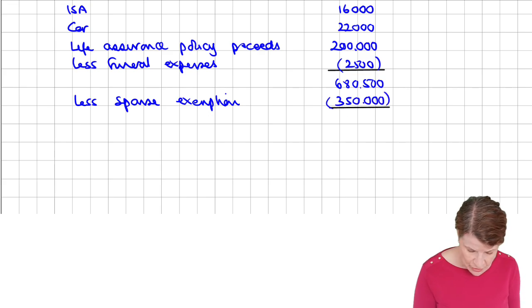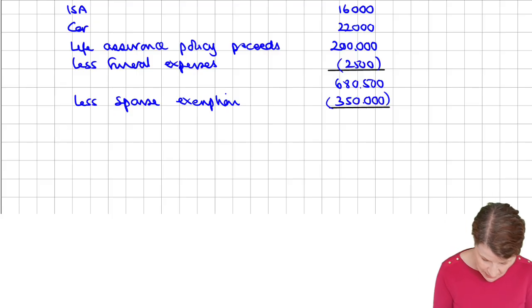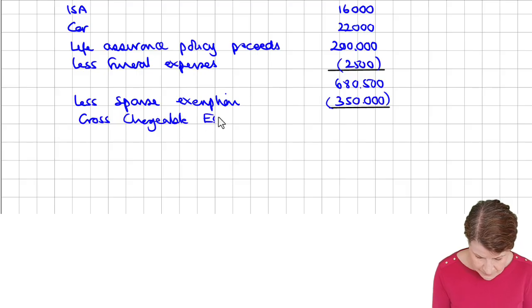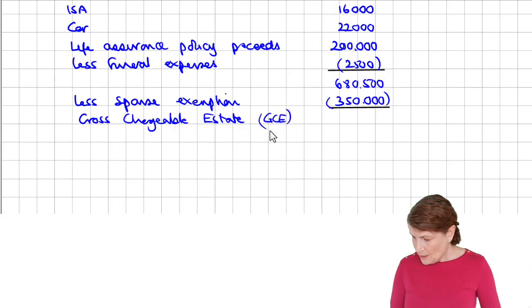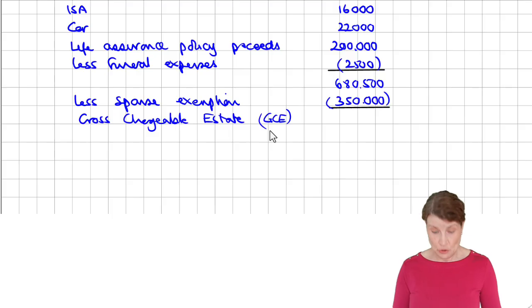And that gives us what's known as our gross chargeable estate, or GCE for short. And we've ended up with 330,500.